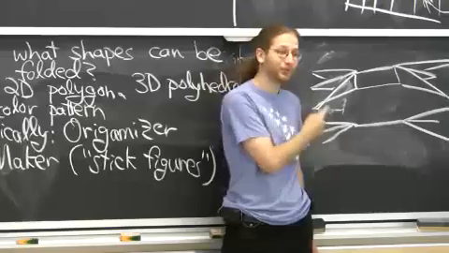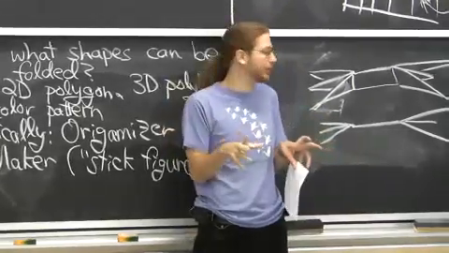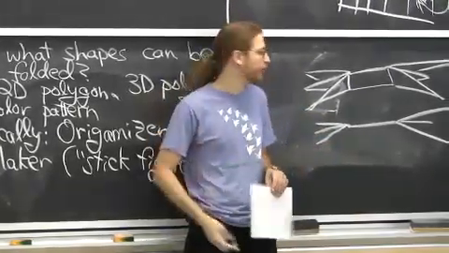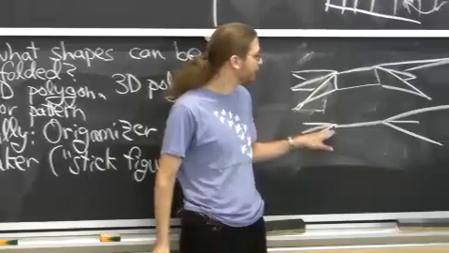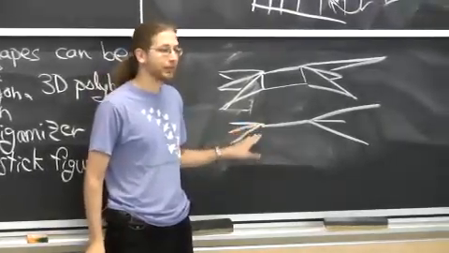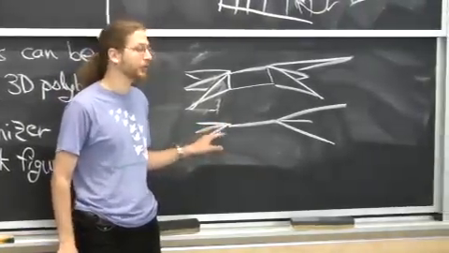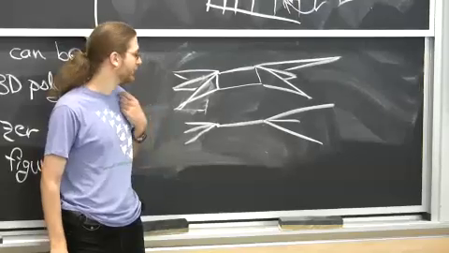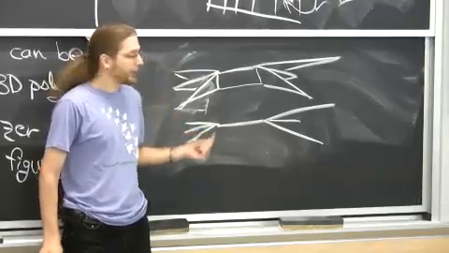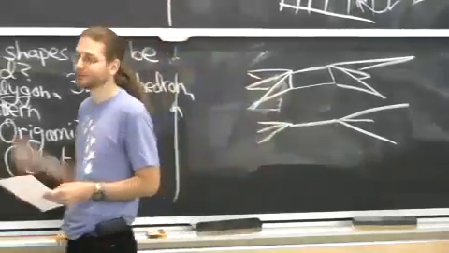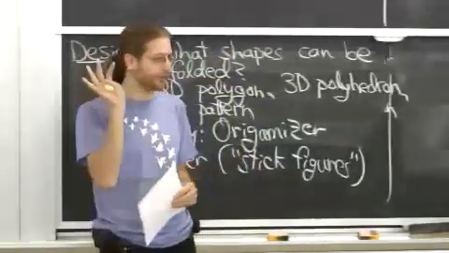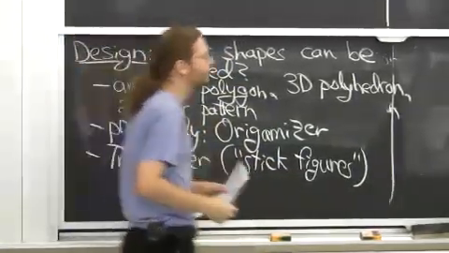Unfortunately, finding the most efficient way, like the smallest square of paper, so the most paper usage possible to make something with that projection, finding that is NP-complete. We just proved that this year with Robert Lang and Sándor Fekete. But there's a hard problem you have to solve, which is something related to disk packing. If you solve it, you find the best way.